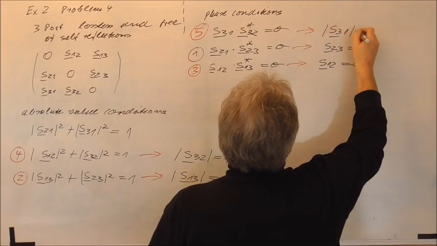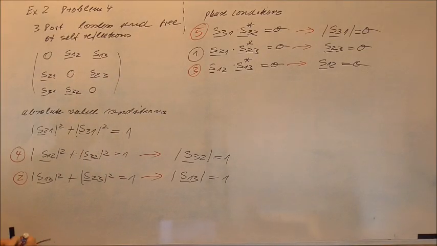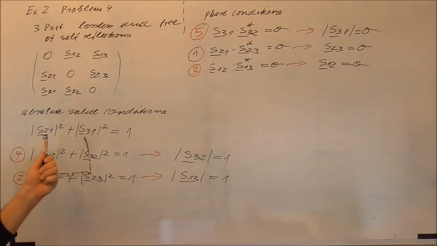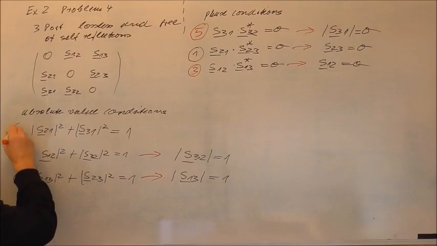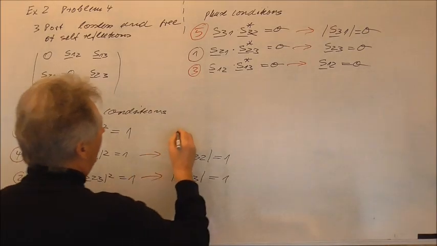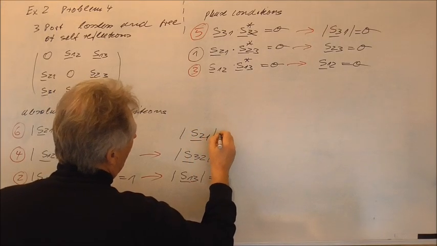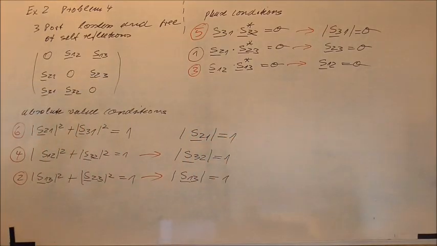And then we come again to this equation, S31 is 0, and then in the sixth step we come to the point that S21 must be equal to 1.